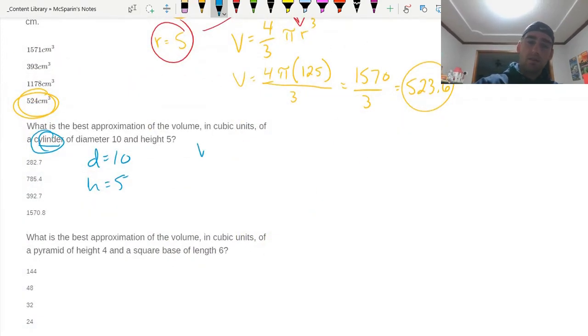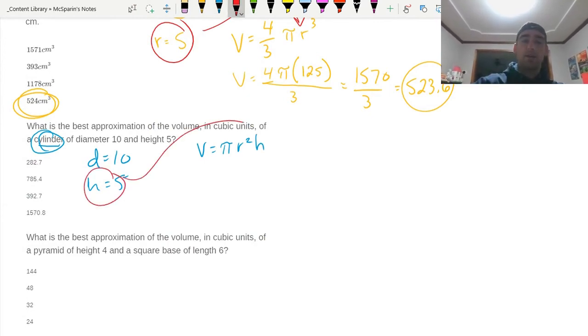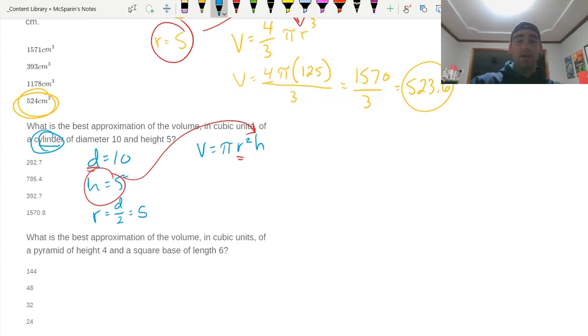Now, I can certainly take my h and put it in there, but I have a problem because I need radius and I have diameter. Well, I need to remember that a diameter is just two radii together. So if diameter is 10, radius equals diameter divided by 2, which means that it's just 5.